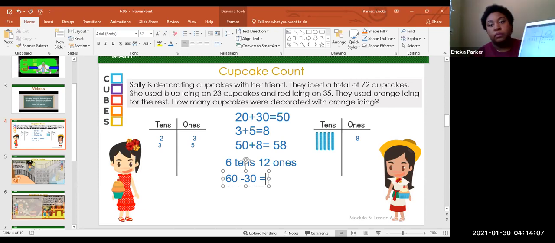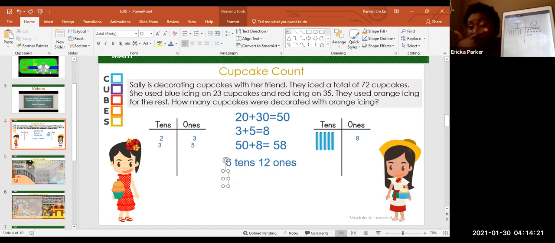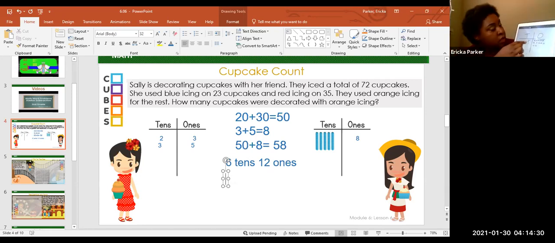Okay. All right. So you remember this? All right, check it. So let's look at this. So if we got to take 35 away from this, what are we going to do? We want to cross off 3 10s, right? Okay. And then we need to go on this side and cross off how many ones?